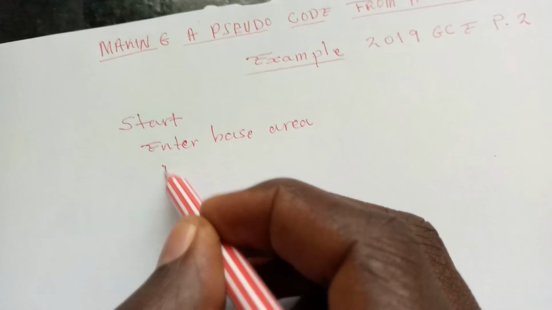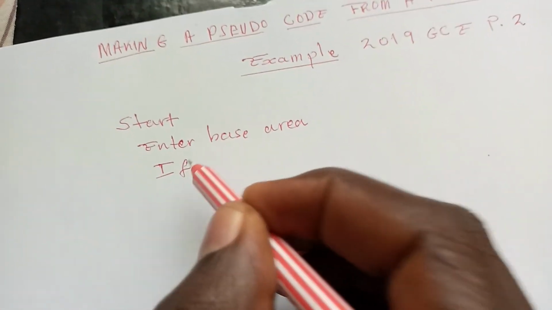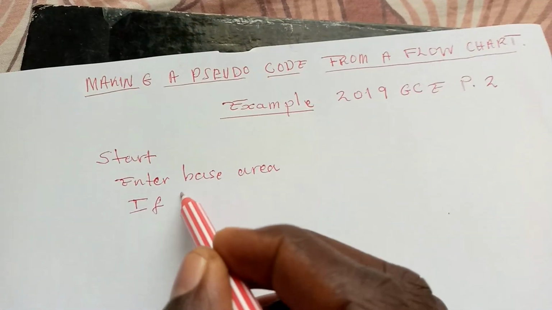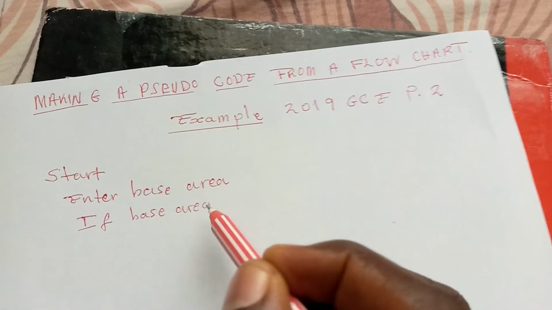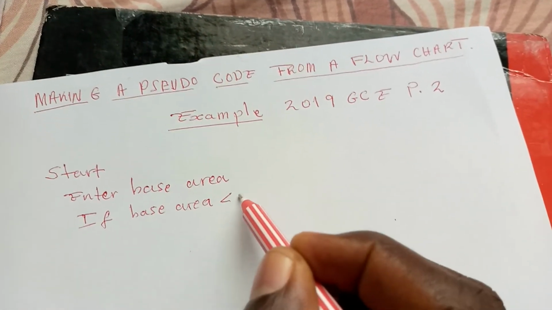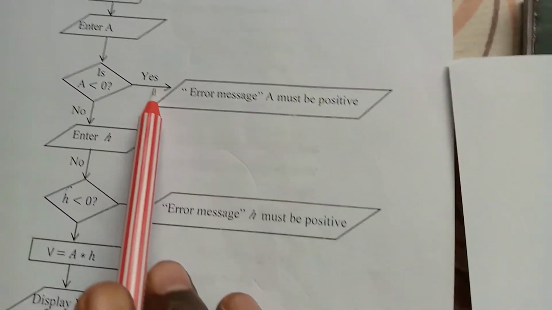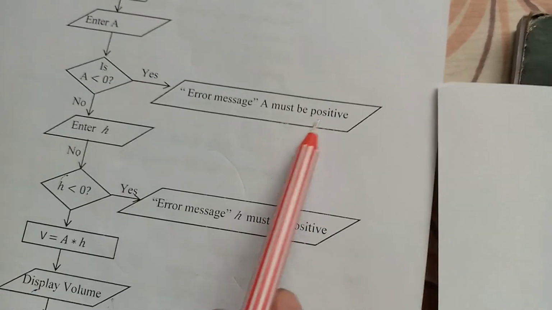Then we'll say if base area is less than 0. What have they said? Yes, error message, A must be positive.